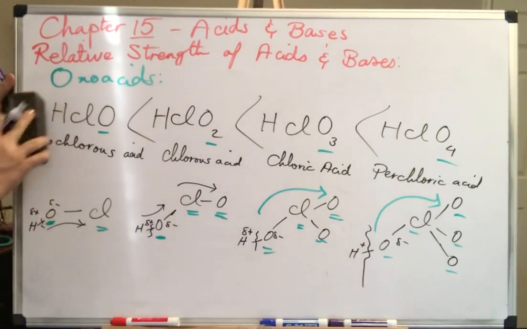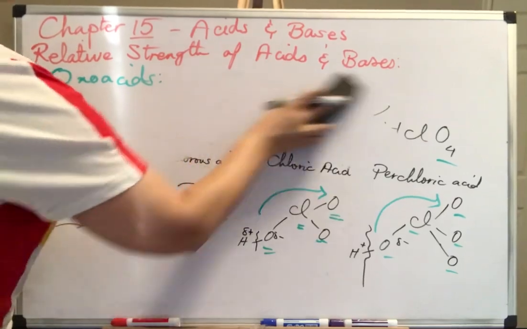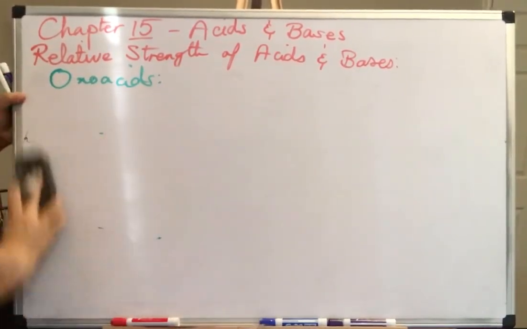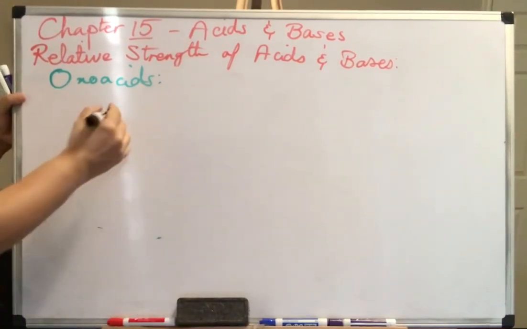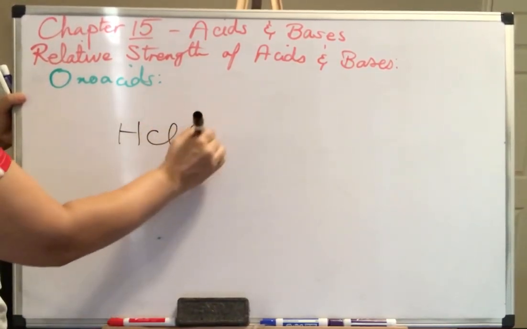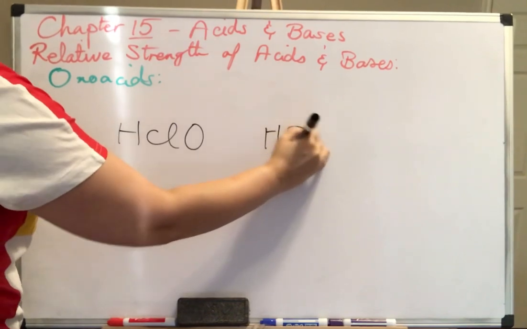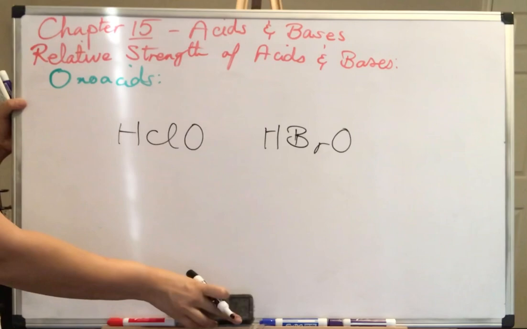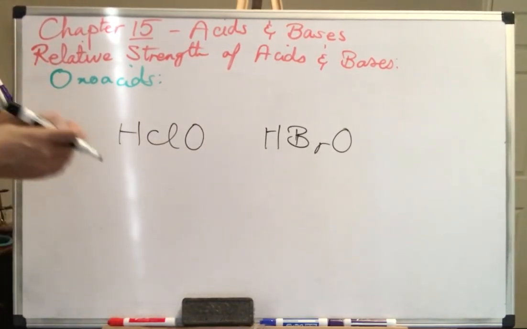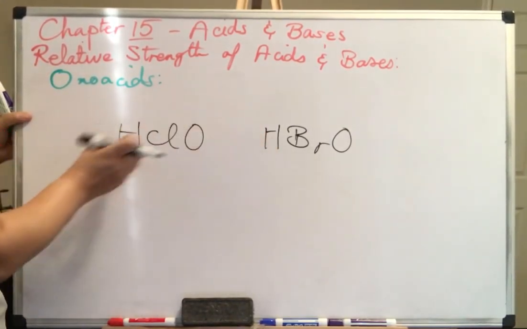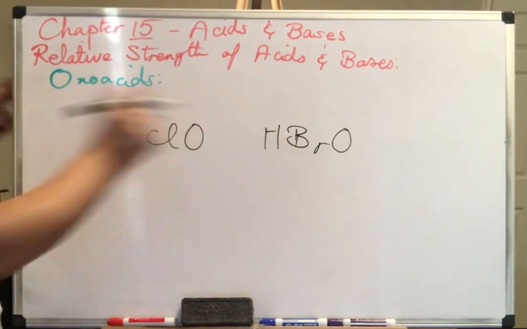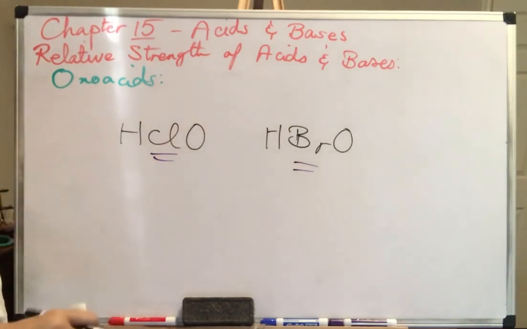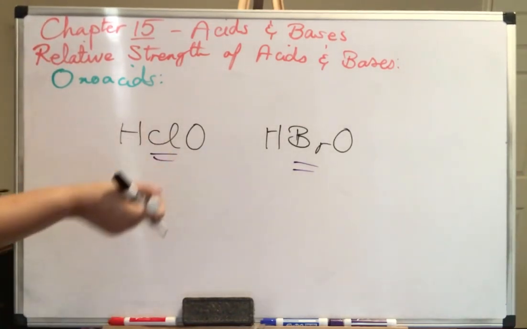But what if you are comparing two acids like this, HClO and HBrO? Even without drawing the structure, that is really not necessary. What is the similarity between these two? Each of them has 1 hydrogen and 1 oxygen. What is different is their central atom, right? So the difference is their electronegativity.